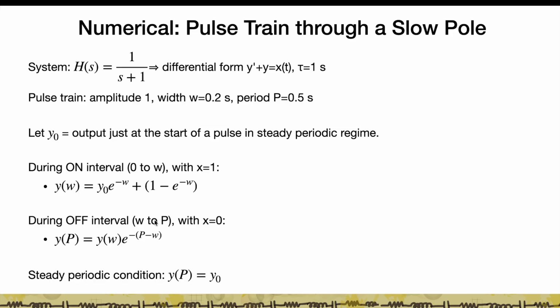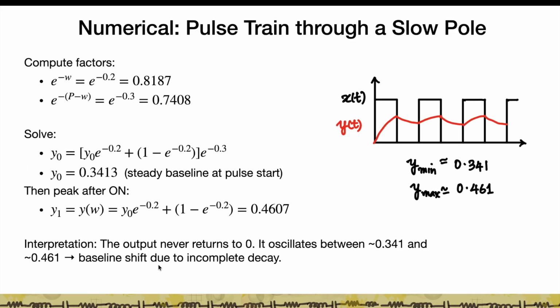During the off interval, that is from W to P, the input is removed, so the system decays with a response e power minus P minus W. And the steady periodic condition is y of P is back to y0. So you can compute the factors and you get y0 as 0.3413 and y1 to be 0.4607.